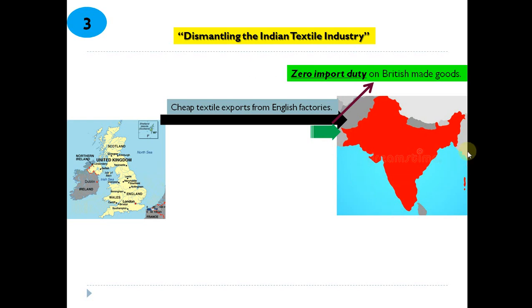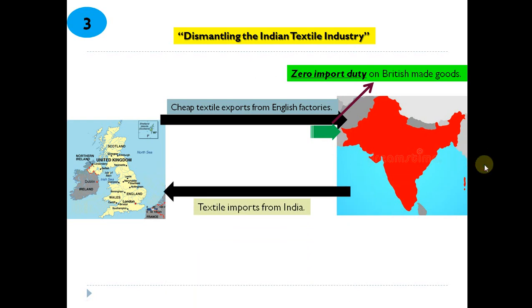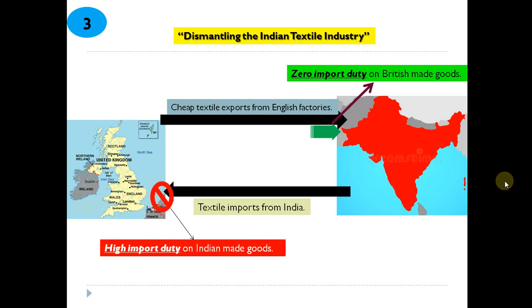Cheap as hell. Okay. Now when textile imports are coming from India to Britain, you would impose a high import duty on these goods. So now the industry which is working to export these goods to India is not getting enough revenue.